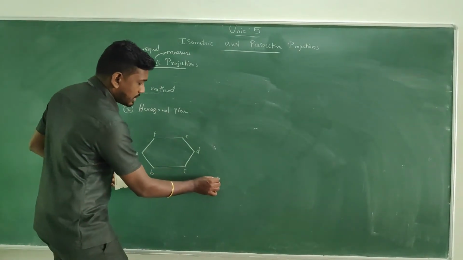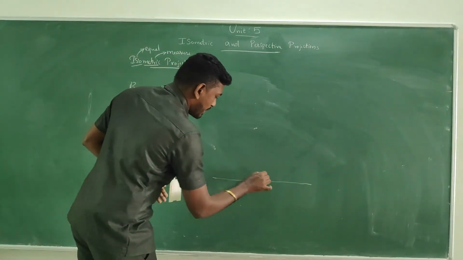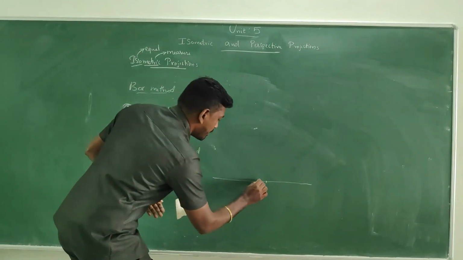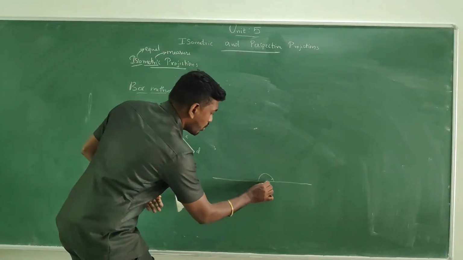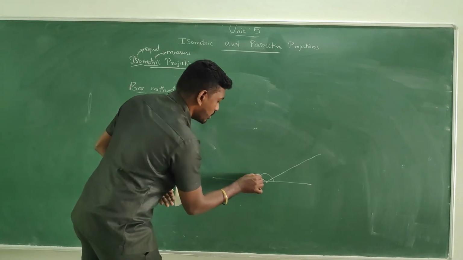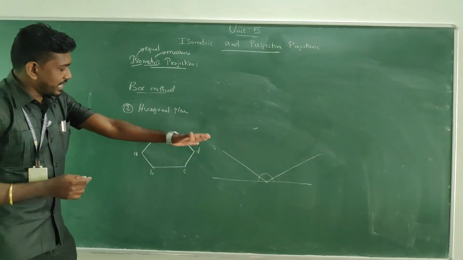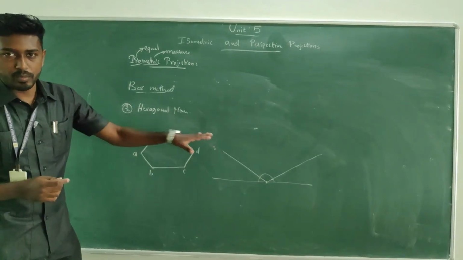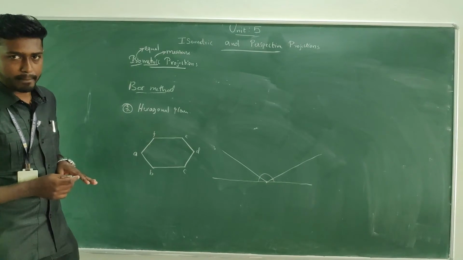For that, first take the horizontal line and keep the midpoint of it. By keeping your protractor, measure 30° on the right and left. Draw inclined lines, so that you get a line something like this. In order to take it to the isometric axis, we need to form a boundary here.